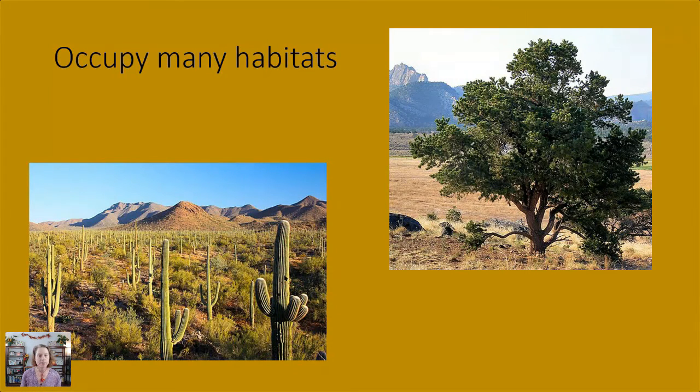So here are just a few examples of some of the habitats: open oak woodlands, savannas, and then the saguaros. They live in a lot of habitats because they can eat just about anything, so it depends on where they are. They'll even eat cactus and cactus fruit.